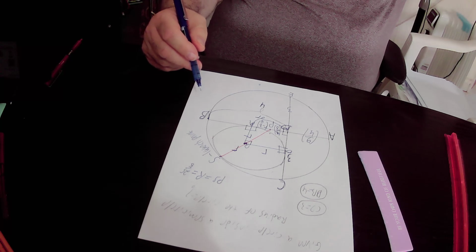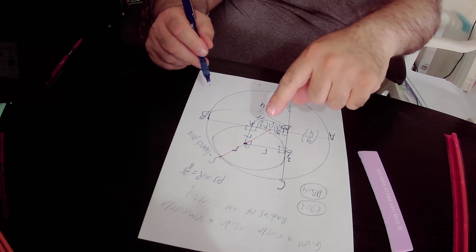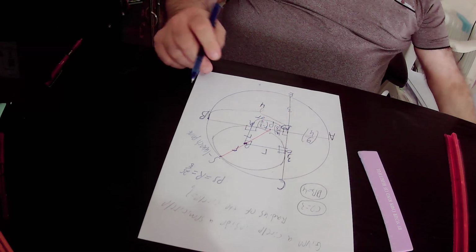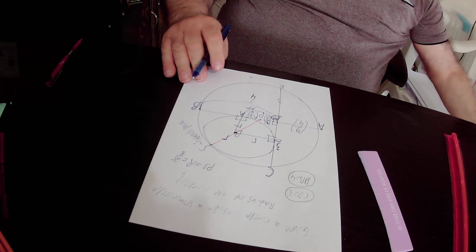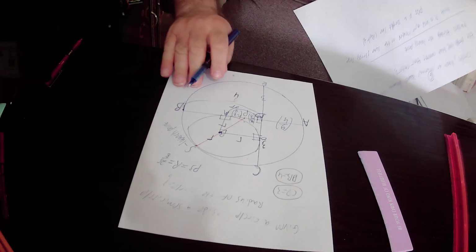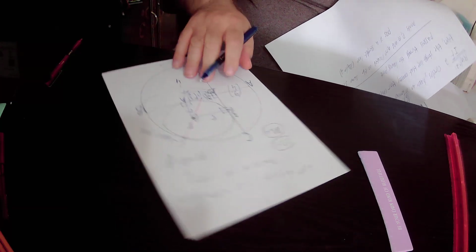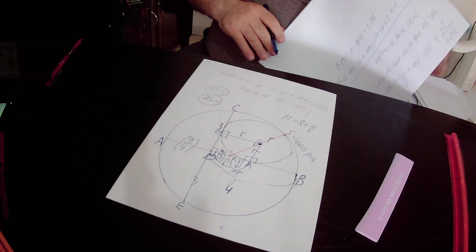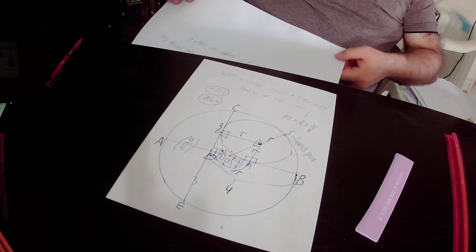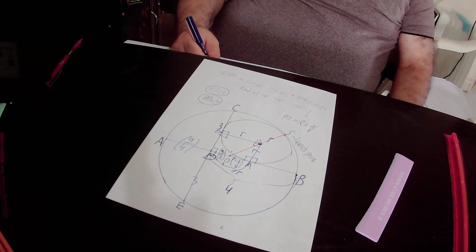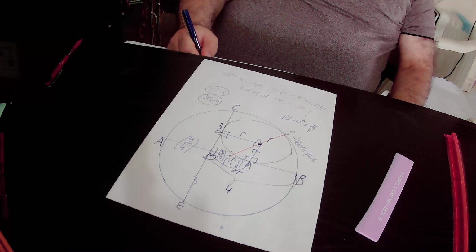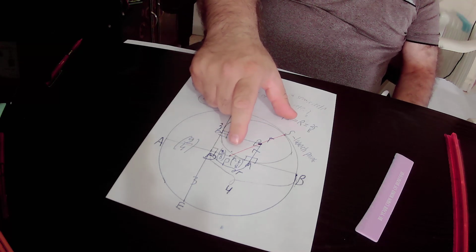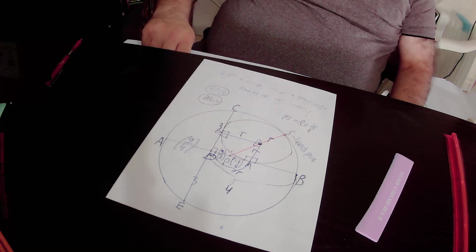And what is the length of PQ? From the drawing, it is very easy to see that the length of line segment PQ equals PS minus QS.